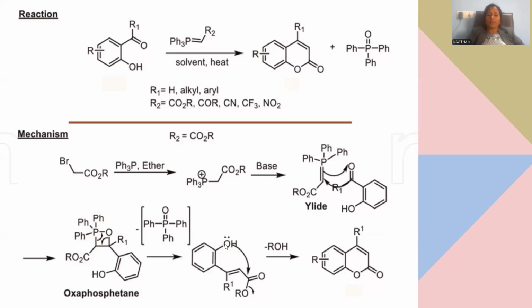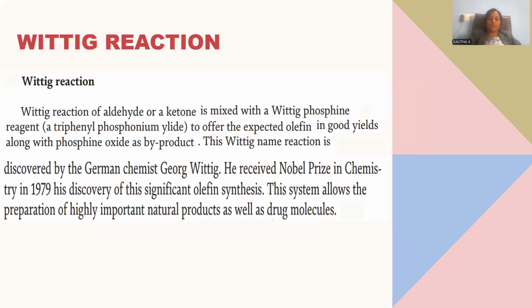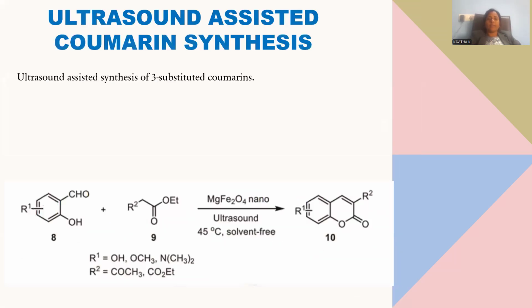Whenever alcohol is removed, the oxygen to carbon bond is formed, giving rise to coumarin as the final product. This is the way Wittig also succeeded in the synthesis of coumarin, so that various valuable chemical components were synthesized by this eminent scientist. So he was awarded the Nobel Prize in the year 1979.